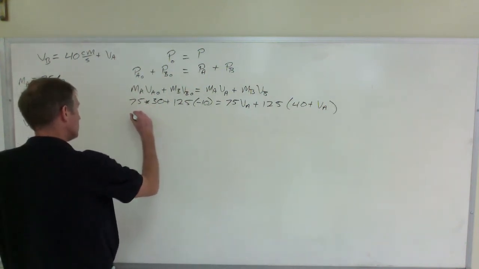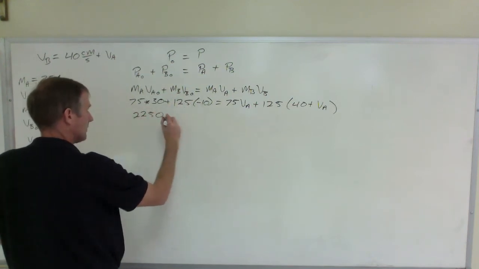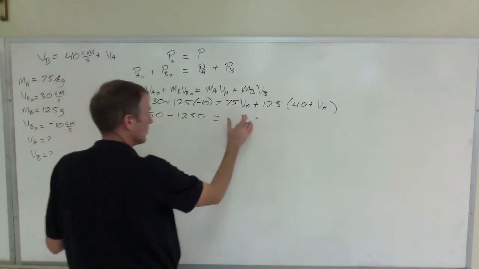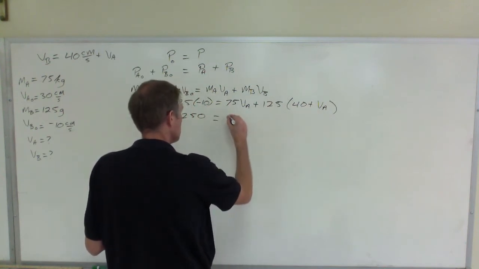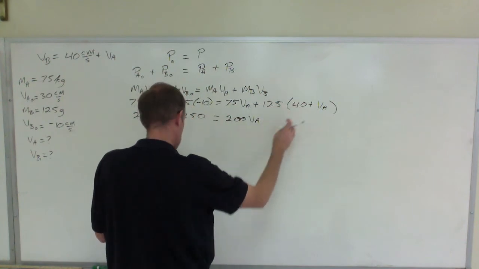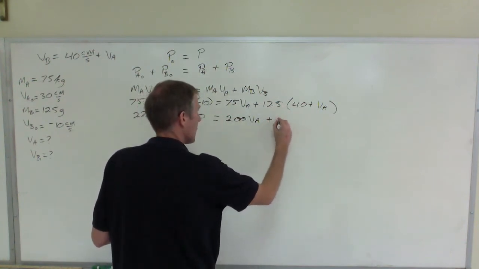I've already done some of the math here. This is 2,250, minus 1,250, equals, well, 75 VA plus 125 VA is 200 VA. And then 125 times 40 is 5,000.